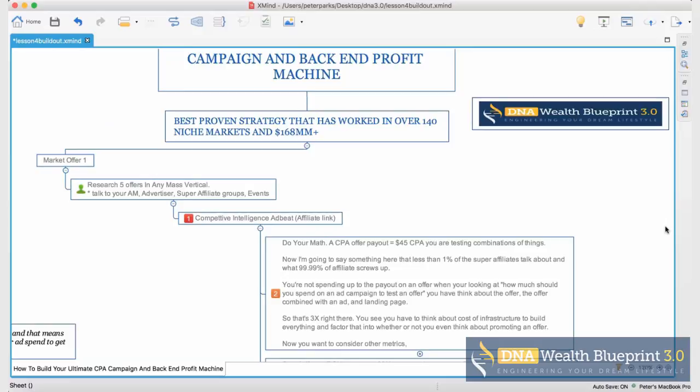You need to be able to do your math. Okay, so on a CPA offer, if the payout's 45 bucks CPA, you are going to be testing a combination of things. Now, I'm going to say right now that less than 1% of the super affiliates actually talk about this, but 99% of the other affiliates kind of screw this up.